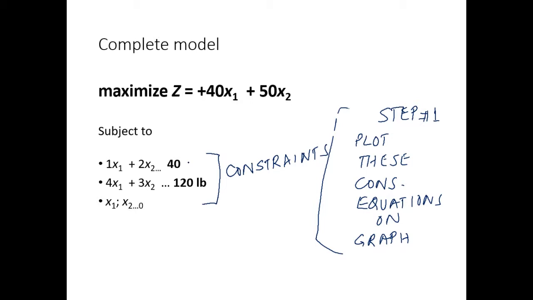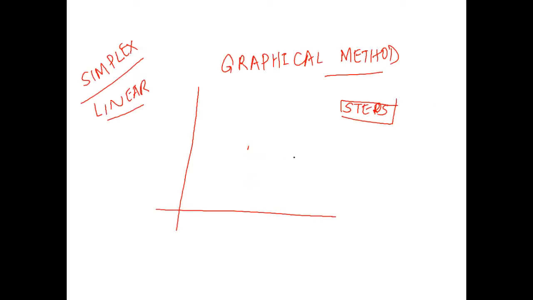Now we have two equations, so we'll get two lines. We have to do it 2 times separately. So this is our equation number 1, and this is our equation number 2. Let's write down the equations here, in this empty space.